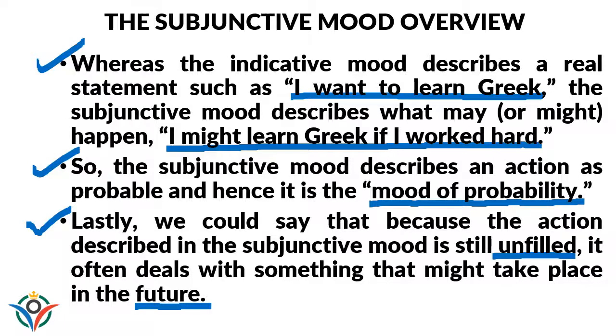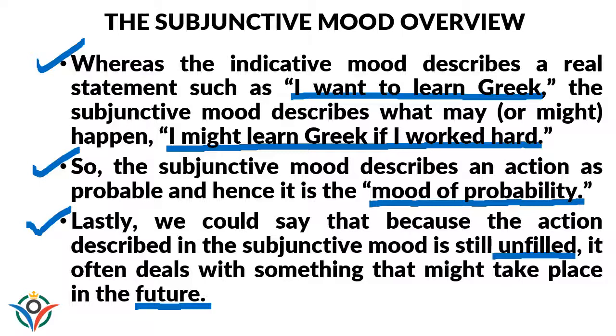So if I make the statement, I might learn Greek if I worked hard, the realization of the goal of learning Greek is dependent on whether I fulfill the condition of working hard. So there's no certainty that I actually might learn Greek. It is probable and it is unfulfilled until a future time based on whether I meet the conditions.